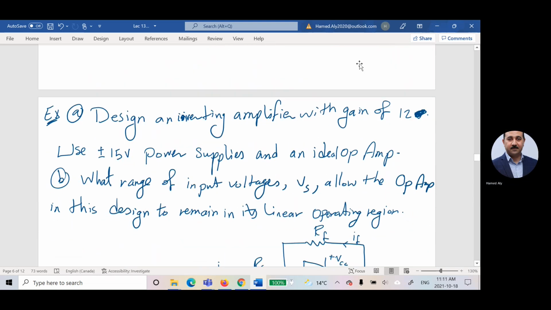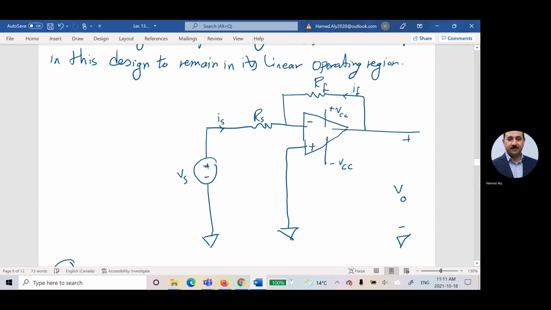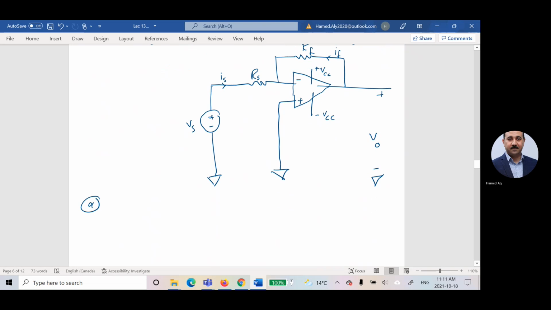So for doing that, for part A, since the gain is equal to RF over RS, this is equal to 12.